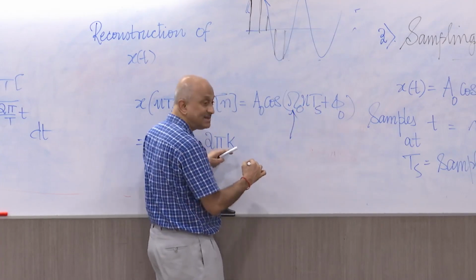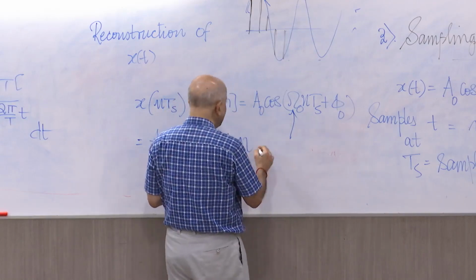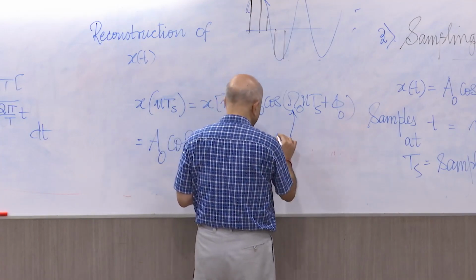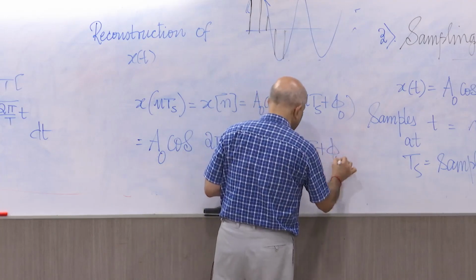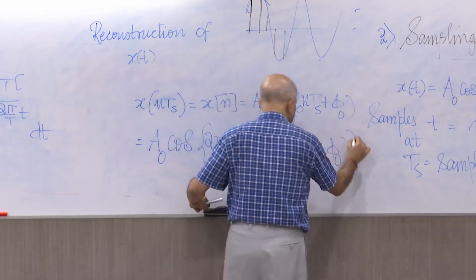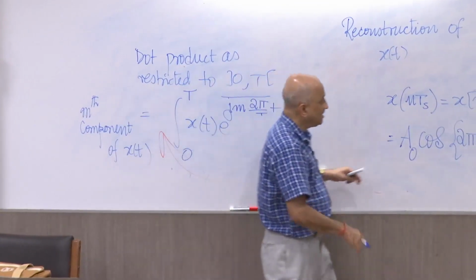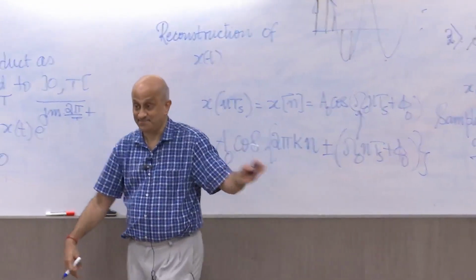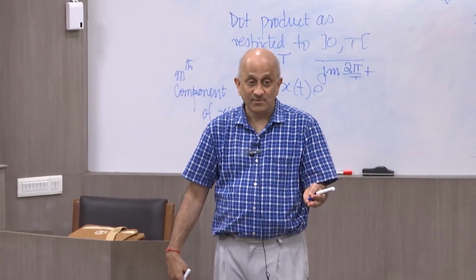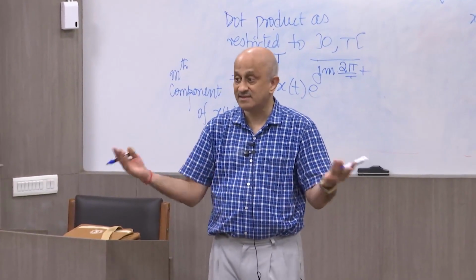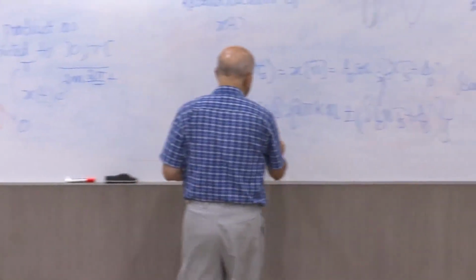So I keep not only an integer multiple of 2 pi, but also the instant: 2 pi kn plus minus what you have inside the bracket. So this is definitely true for all n. Adding any integer multiple of 2 pi, and replacing the plus minus, retains it to be what it is. You agree with me? So this is the ambiguity in the cosine.